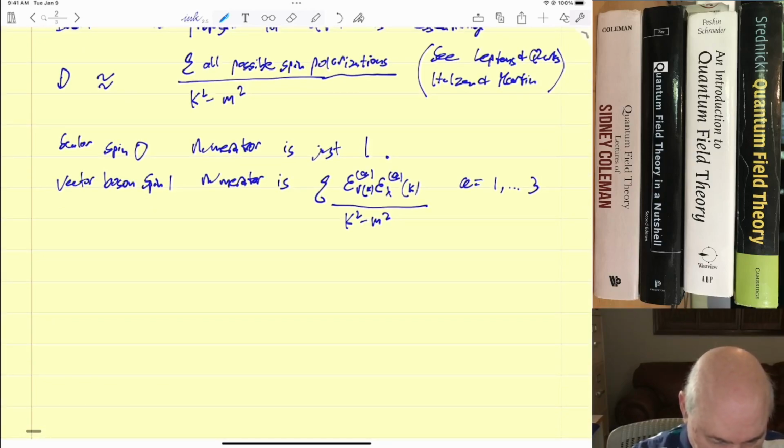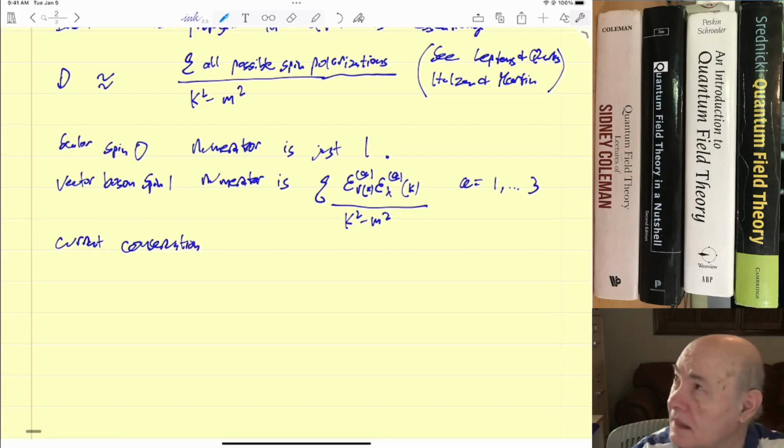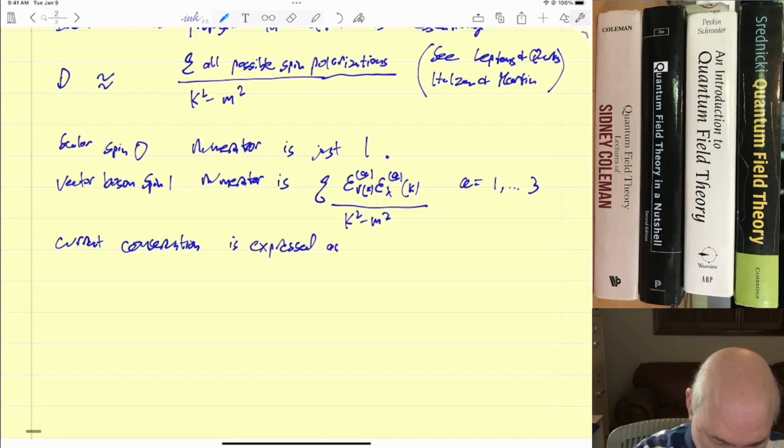Current conservation is expressed as, again, this is in momentum space.